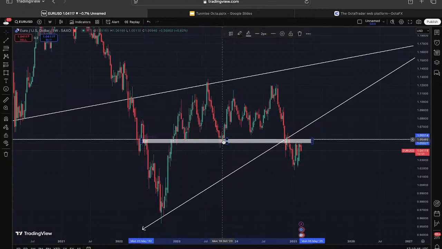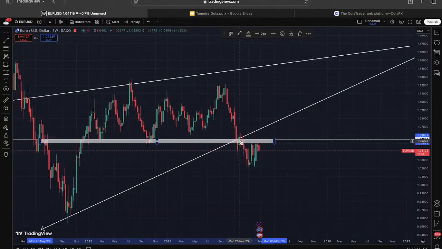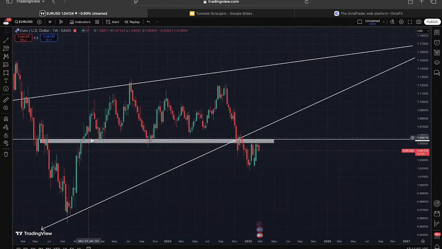But now the level is acting as a resistance, and that is why we can see that price is finding it difficult to break out from this level. So it is a support turned resistance.